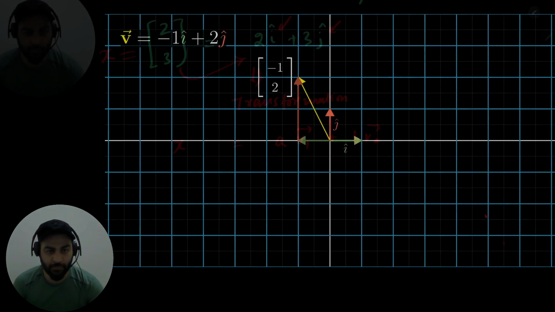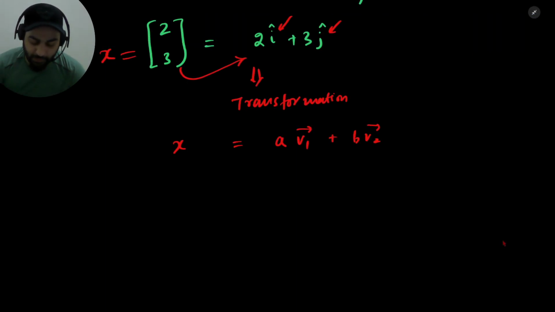Let's suppose this was vector x. We said if there is some random vector x, it can be represented as a v1, that is the basis vector, plus b v2. Sorry. So suppose we have a vector x equal to (2, 3), and we can write it as 2 i cap and 3 j cap.